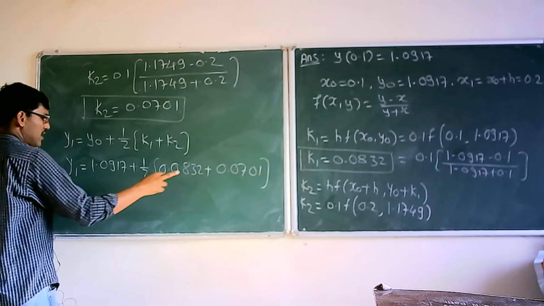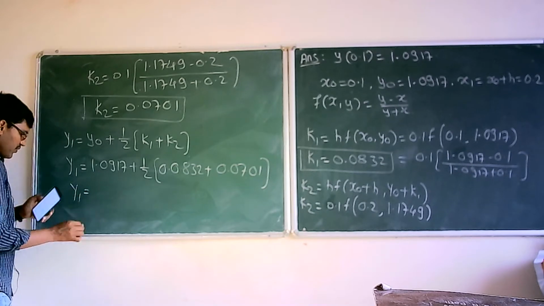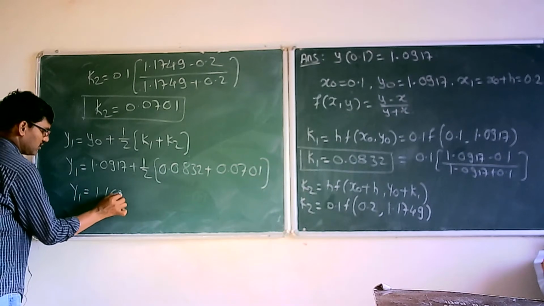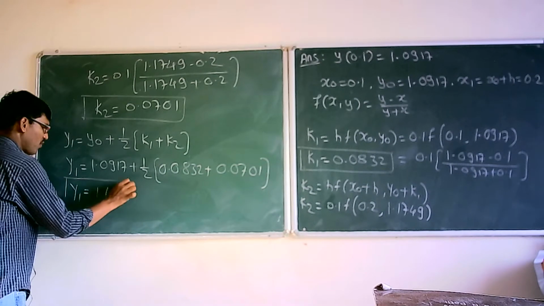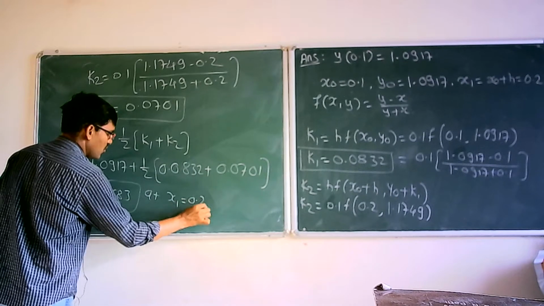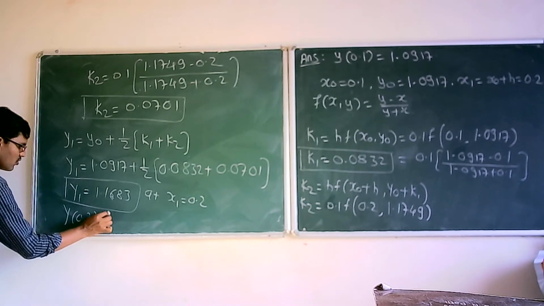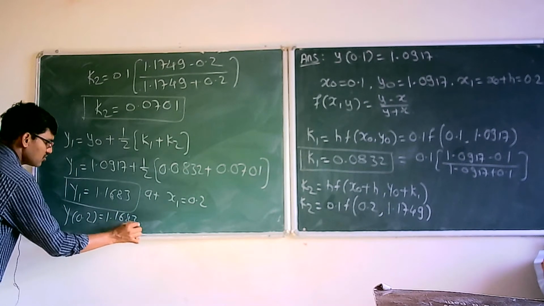If you do this calculation, you will get the value of y1 equal to 1.1683. So this is the value of y1 at x1 equal to 0.2, or you can write this as y of 0.2 is equal to 1.1683.